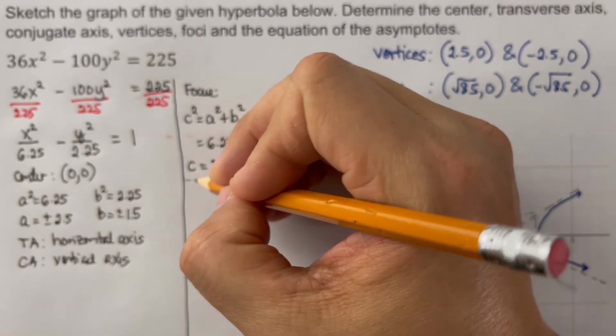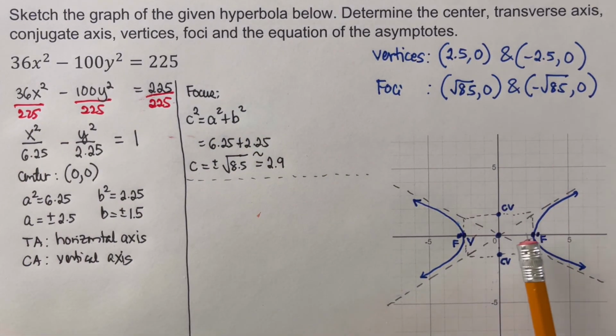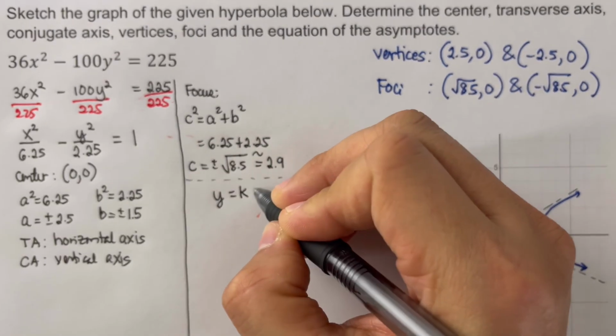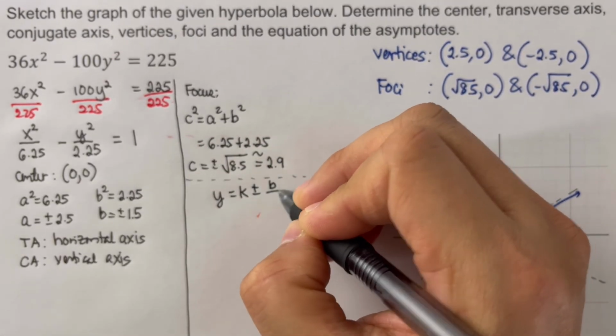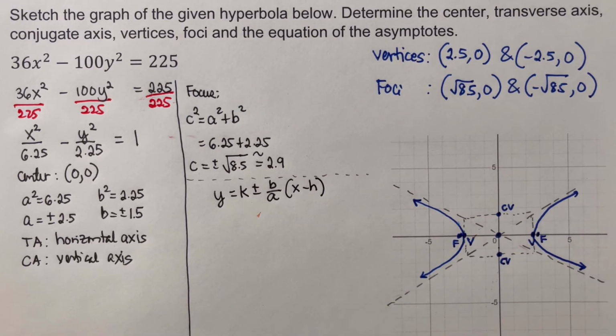In order to determine the equation of the asymptote of this hyperbola, the general equation for the asymptote of a horizontal hyperbola is y equals k plus or minus b over a times x minus h. So I plugged in the values.